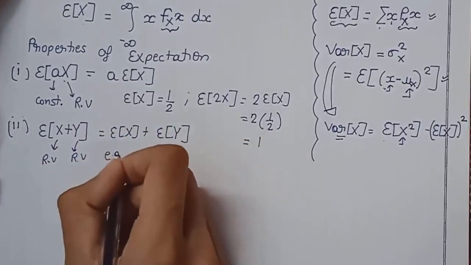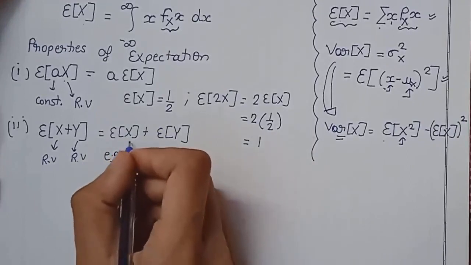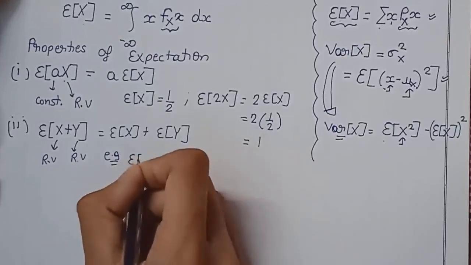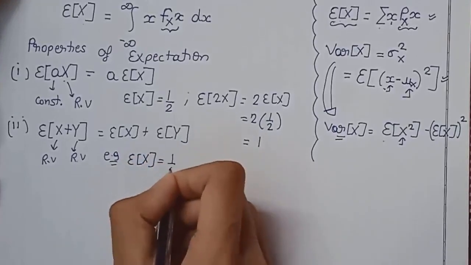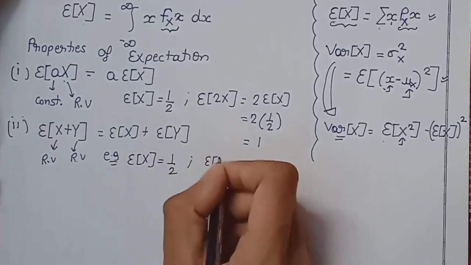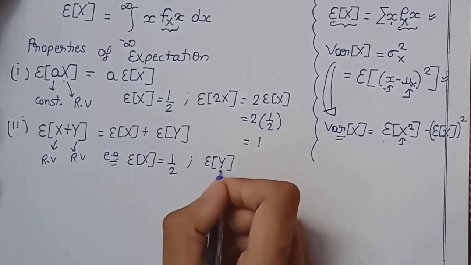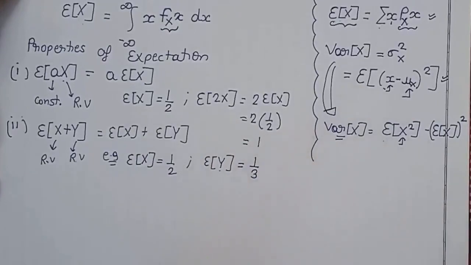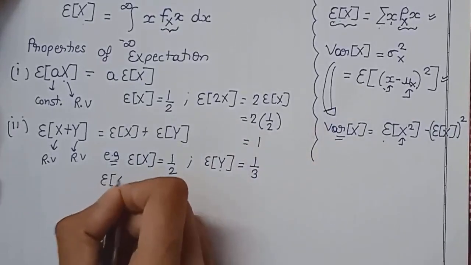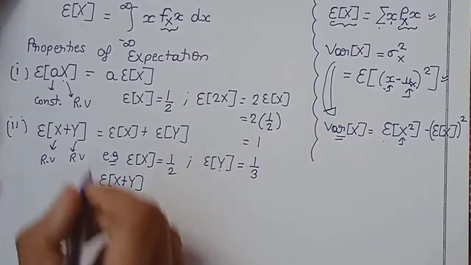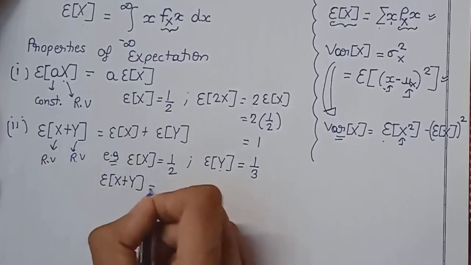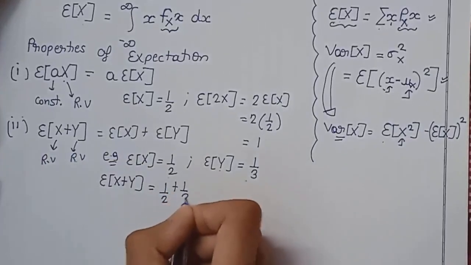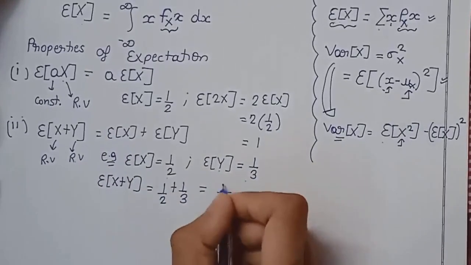So for example, if you have 2 random variables x and y and you know the expectation of these random variables individually, like expectation of x is equal to half, and let us assume that there is another random variable y whose expectation is, let's say, 1 by 3. And now if someone asks you to calculate expectation of x plus y, then using this property you can say that it would be equal to the sum of these two, which is 1 by 2 plus 1 by 3, which will come out to be 5 by 6.